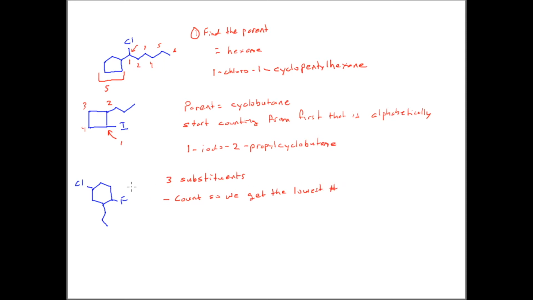So you can see that if you start counting 1 where the fluorine is, 2 where that propyl group is, 3, 4 where the chloro group is, that gives you 1 plus 2 plus 4, which gives you a total of 7.